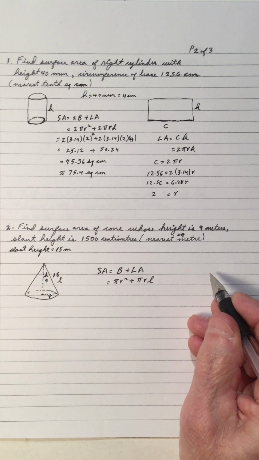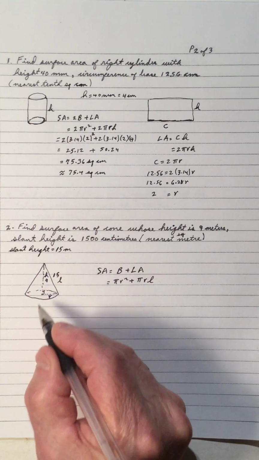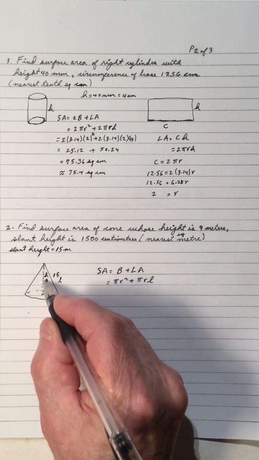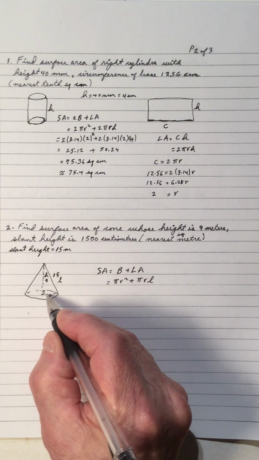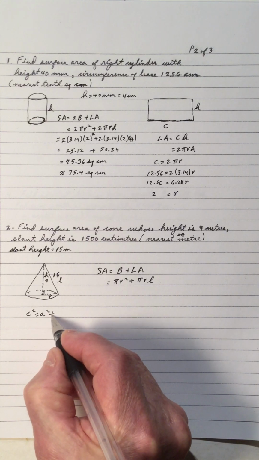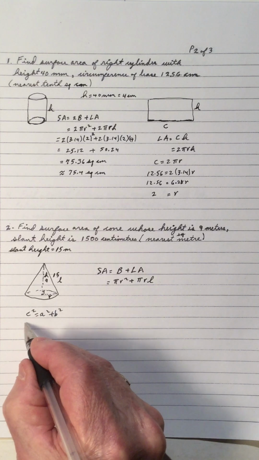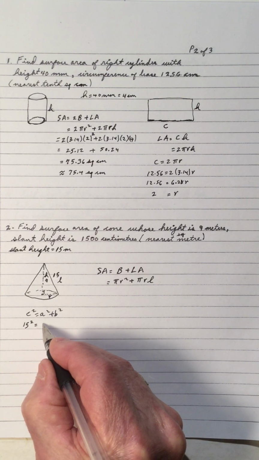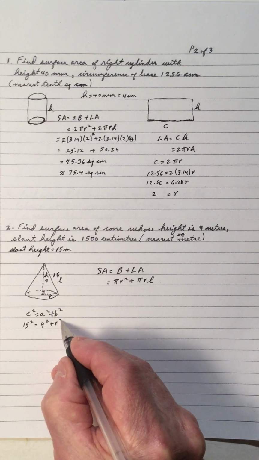This height coming down here forms a right angle. So we have 15 here, we have 9 here, and we have to work out this radius here. c squared equals a squared plus b squared. It's the Pythagorean property on a right triangle. The hypotenuse c is 15, a is 9, and b, we'll call it r.